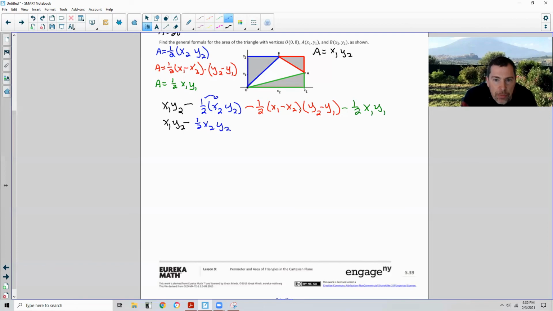But when I get to these binomials, then you need to distribute, so be careful there. And then the red one is going to be minus 1/2 times x. So a negative times a positive is negative 1/2 x sub 1. A negative times a positive is positive 1/2 times x sub 2. Okay, hopefully you're following this.